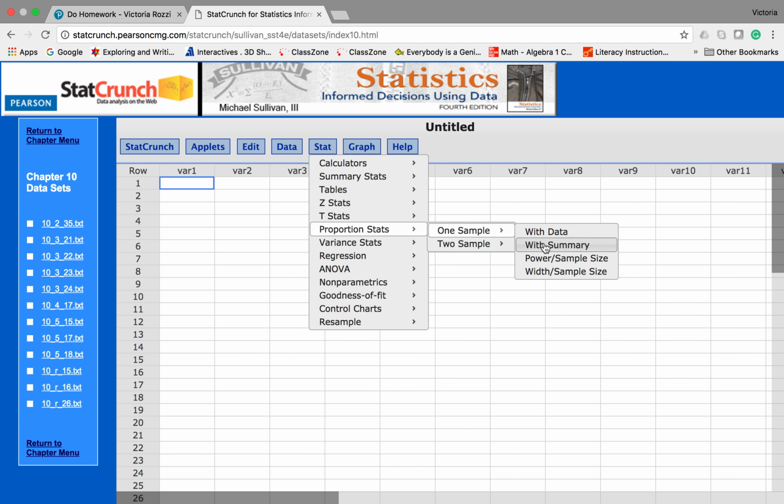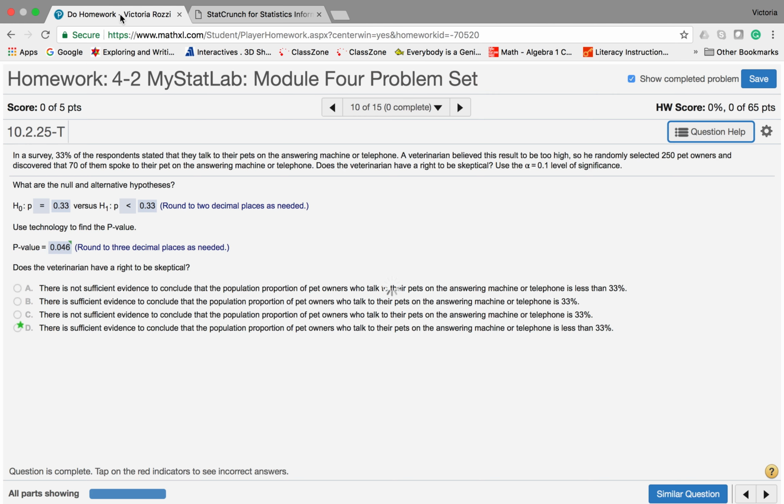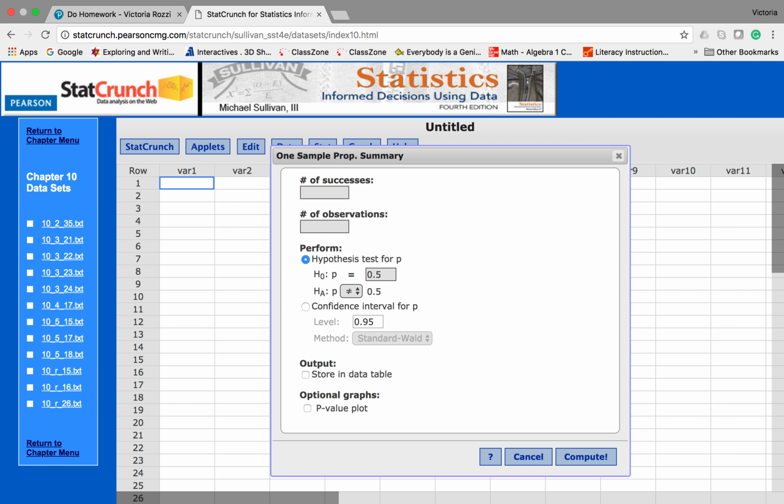We don't actually have every person's response. We just know how many responded that yes, they talked to their pets. So that's the summary. Here, again, the number of people that said they did speak to their pets was 70, and he had selected 250. So if I go back here, the number of successes is 70, and the number of observations was 250.